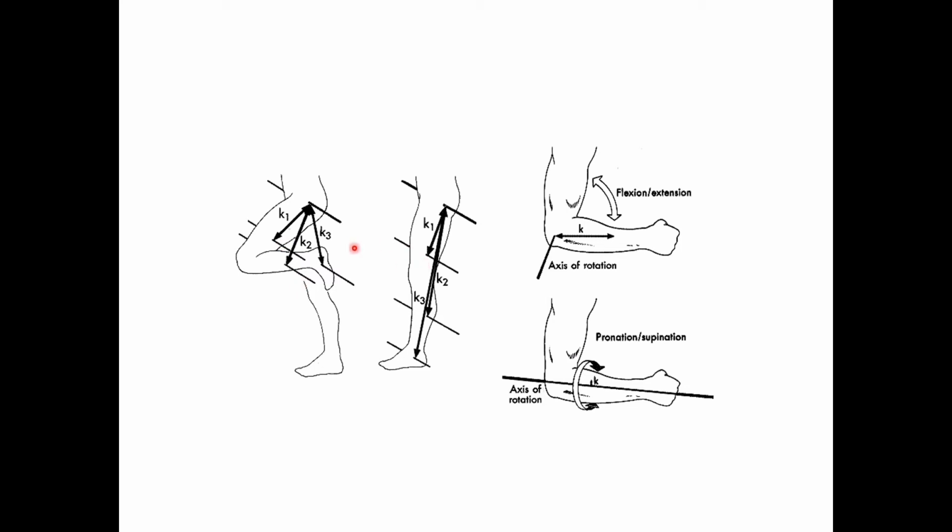Here K1 means the radius of gyration of the thigh, K2 means the radius of gyration of the shank with respect to the hip joint, and K3 is the radius of gyration of the foot with respect to the hip joint, and the same thing for this leg. As you can see here, this one has a shorter K, or radius of gyration, compared to this one, which means this one will generate a smaller moment of inertia.